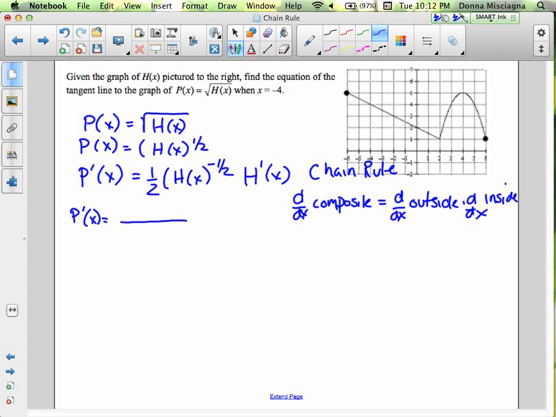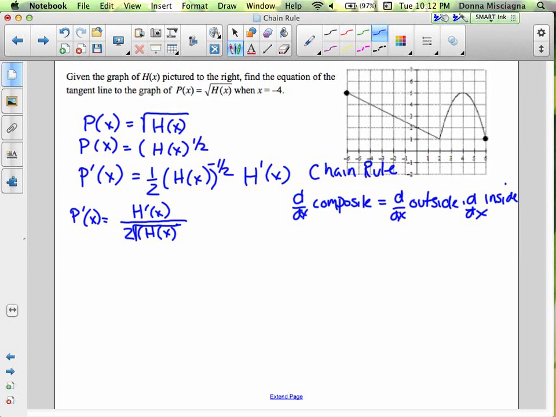We could rewrite this as h prime of x divided by 2 times h of x. And we can put that back into a radical, the square root of that.